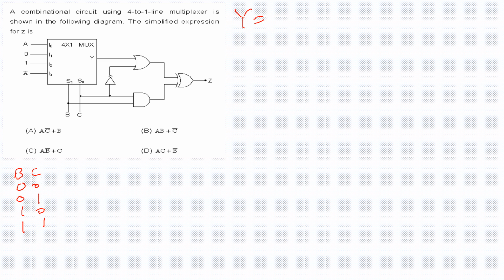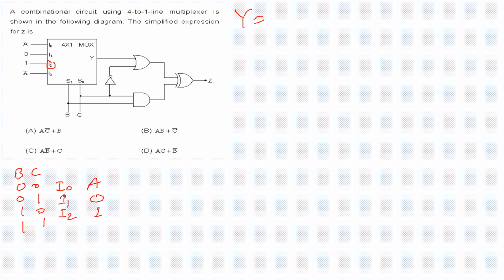When it is 0 0, I0 will be selected, and that I0 is A. When it is 0 1, I1 is selected, which is 0. When it is 1 0, I2 is selected, and this is 1.